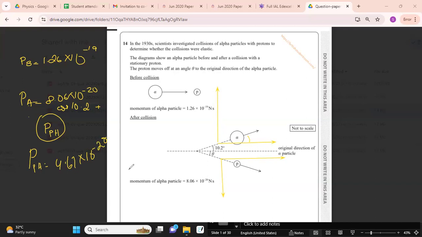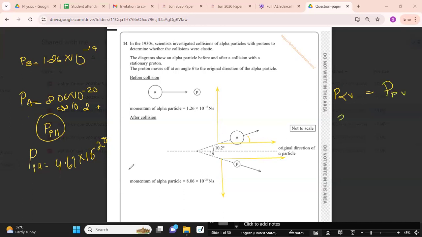Now we have to figure out the vertical component. To figure out the vertical component of the proton, we can see that vertically, there is no initial momentum. That means final momentum is also equal to 0, just like in the last question. So the vertical component of the alpha particle is equal to the vertical component of the proton.